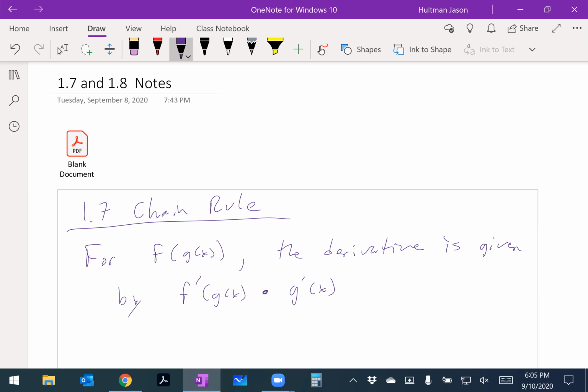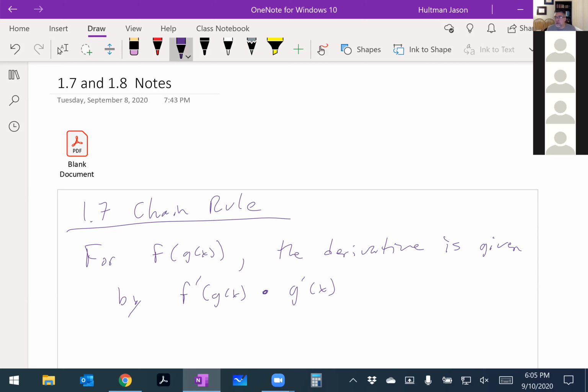So we do the derivative of the outside function, and then we do the derivative of the inside function. We multiply the two together. So it's always derivative of outside times the derivative of the inside. Outside times inside.